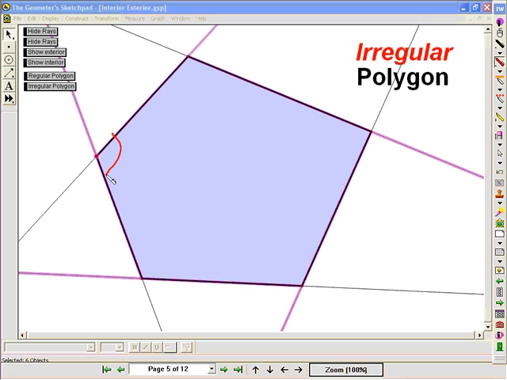This is the interior angle. Just one of these will be considered the exterior angle. This is considered just a vertical angle to the interior, or this would be a vertical angle to that exterior. But again, at any one corner, we only want one interior and one exterior. Therefore, if there are 5 sides to the polygon, there are 5 interior angles and 5 exterior angles.